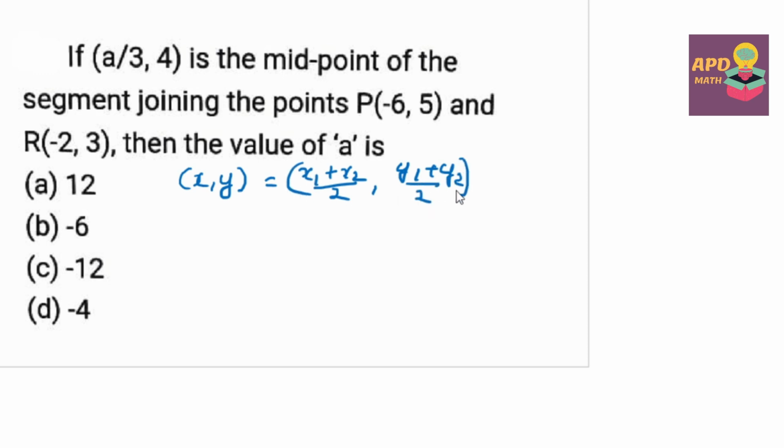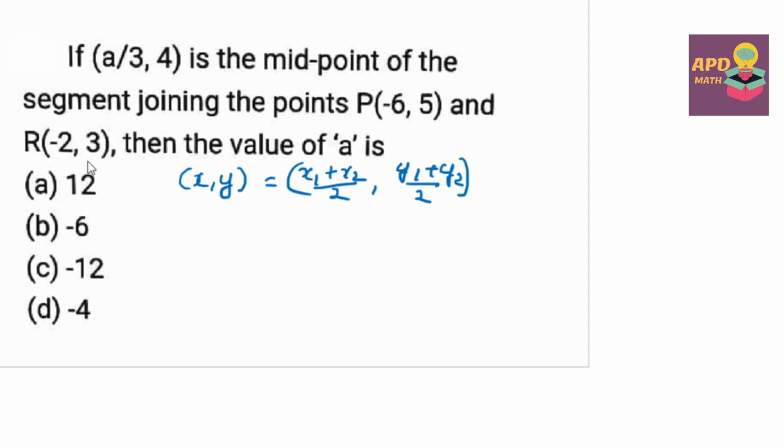This is the formula for finding the midpoint of two coordinates. Here two points are given, that is p minus 6 comma 5 and r minus 2 comma 3.